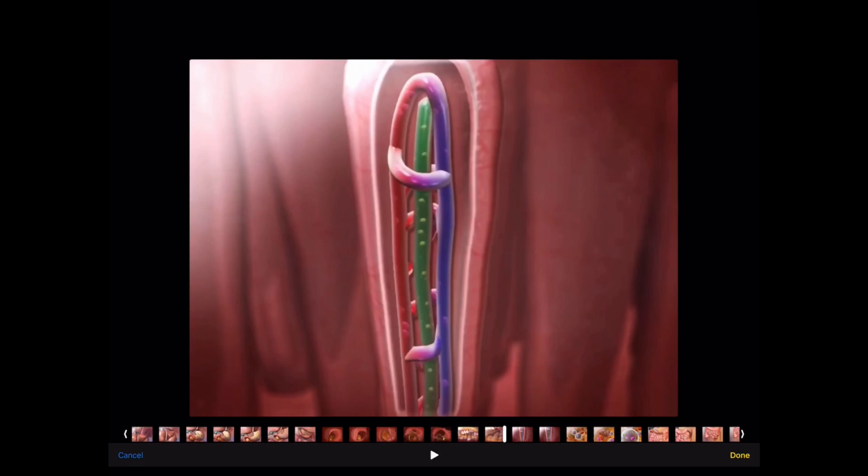So another adaptation is that these finger-like projections also increase the blood supply to the small intestine, so that you're increasing the rate at which the nutrients are absorbed into the bloodstream, because each finger-like projection has the blood supply going through it in this way, as you can see.